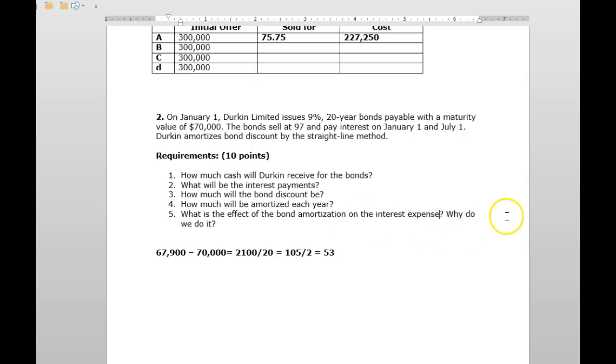And why do we do it? Why do we make that entry? Why do we make that difference? Because what really happens here if it's a discount? That's what you need to go search for and think about, okay? So that's number 2.